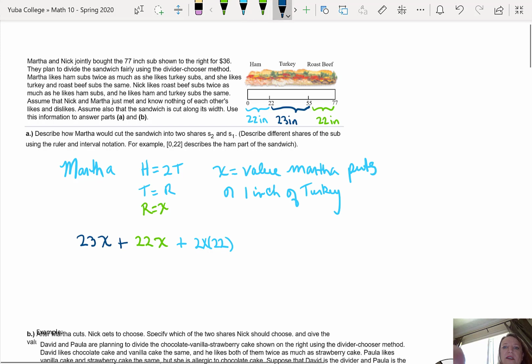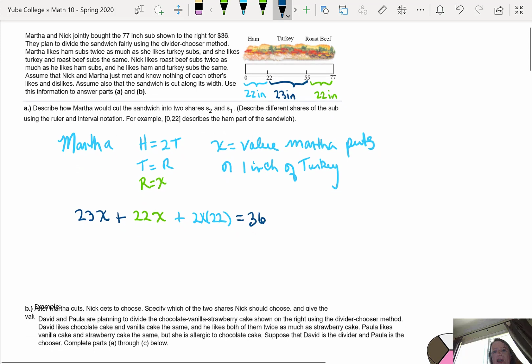Then we're going to set this equal to the cost, because we're trying to figure out the cost per inch, and the total cost of the sandwich was $36. Given this information, we can figure out how much Martha considers 1 inch of turkey, 1 inch of roast beef, and 1 inch of ham to cost. Let's combine like terms and solve for x.